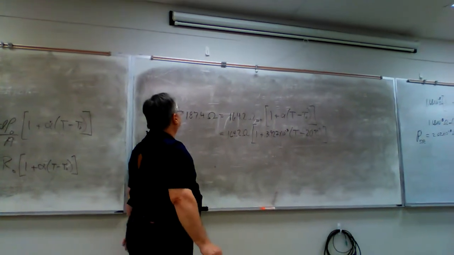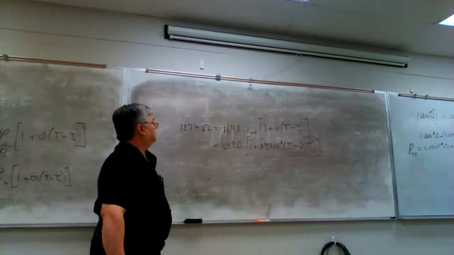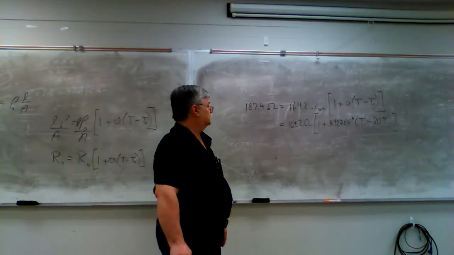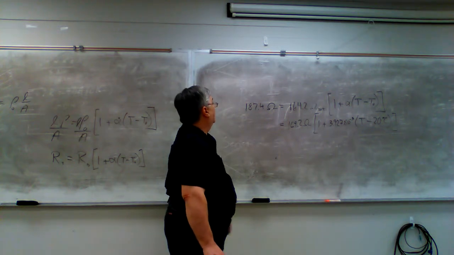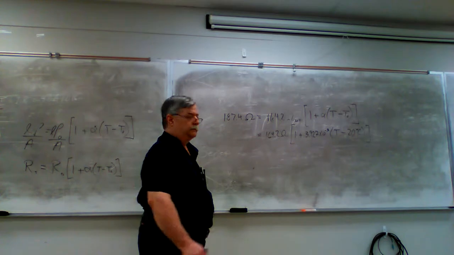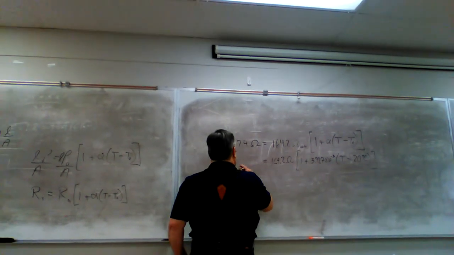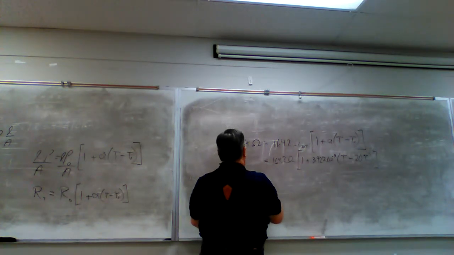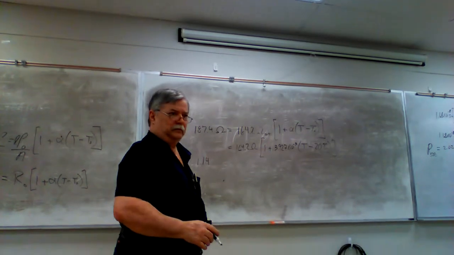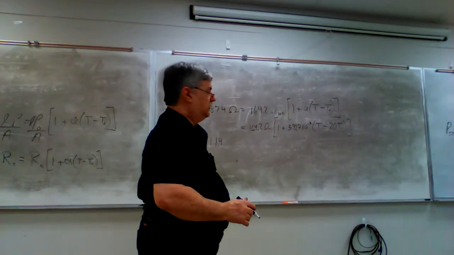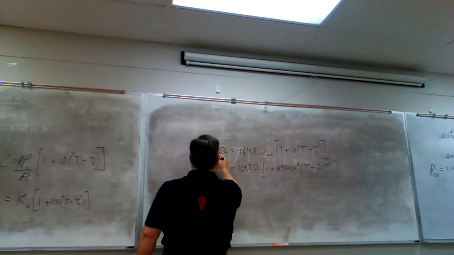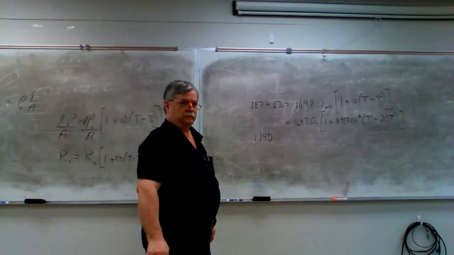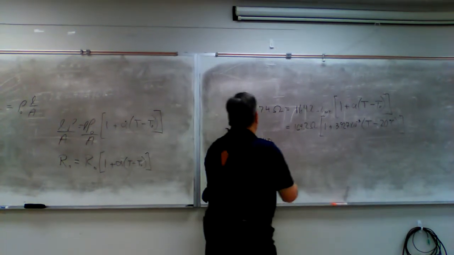So what's 187.4 divided by 164.2? 1.14. Okay, well, we've got 4 digits here, so I'm going to keep the 4th digit. 1.141.